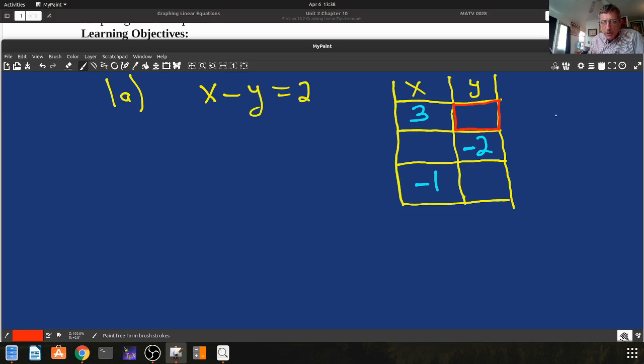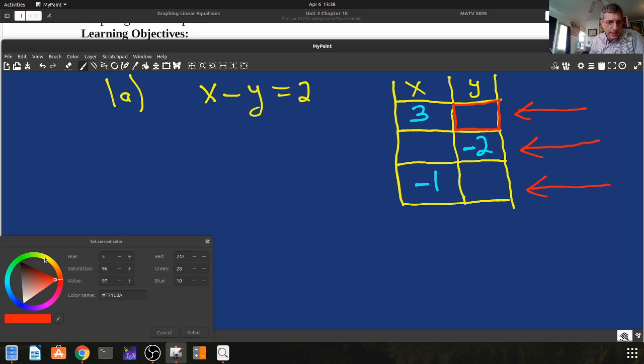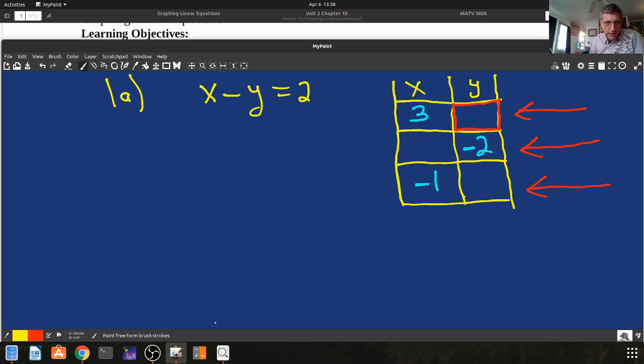So we're going to look at these one row at a time, and we're going to fill in the other value. So let's go back to the way we did it yesterday, or the last lecture, whenever you watch that. So here is my general equation, x minus y is equal to 2, and they've given us the ordered pair 3, y.